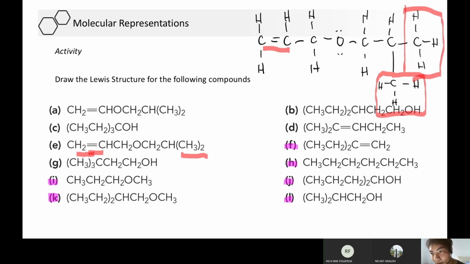So, yan. Check mo na lang ni Cart yung letters J and K ni Rika.